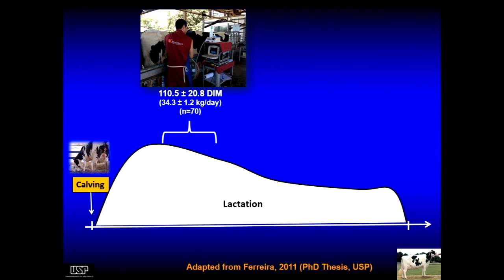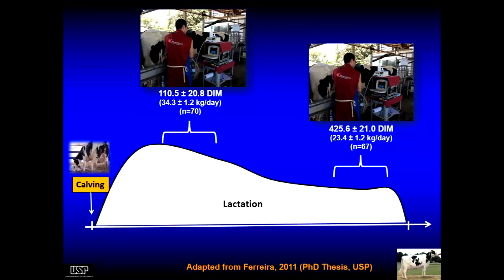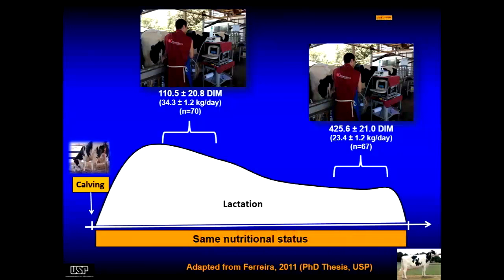Look here, we collected 70 cows with 34 liters, 100 days after calving. And we collected here 70 cows or so. Look, of course, 33 liters because it's in this phase here. And we did the OPU and the embryo production on the same day.